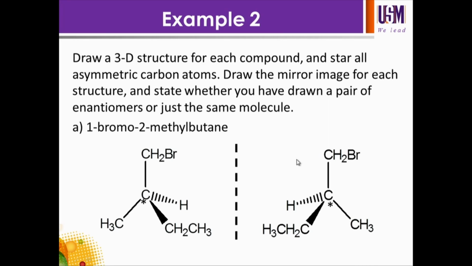Now you have to draw its mirror image. So CH3 here is opposite to this, so you draw its mirror image, and from there you have to identify whether you have drawn an enantiomer or just the same molecule. Because it has an asymmetric carbon, its mirror image must be an enantiomer.